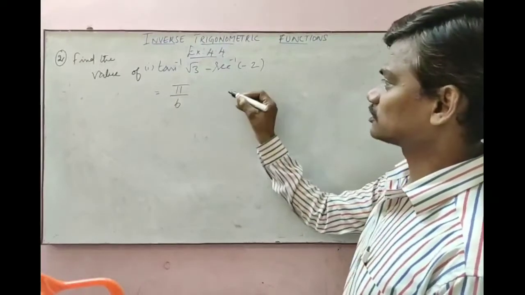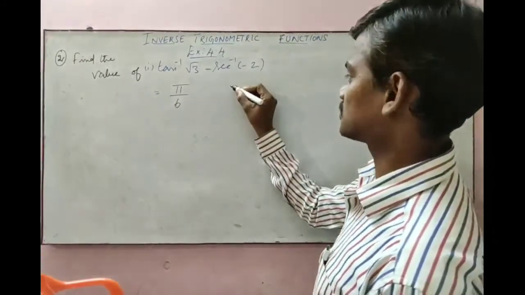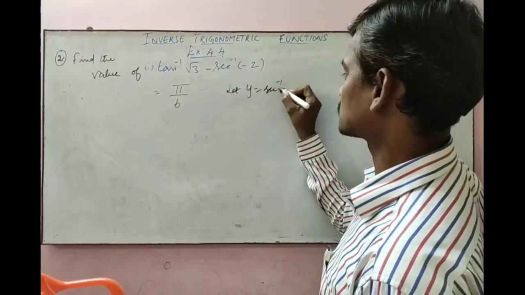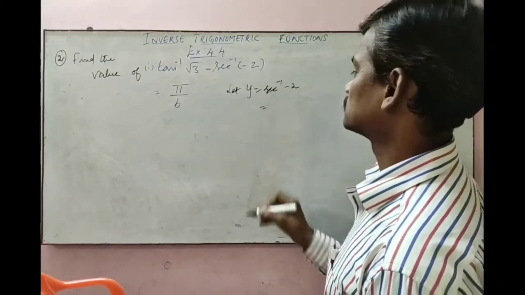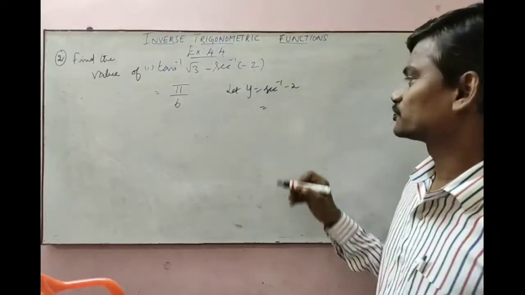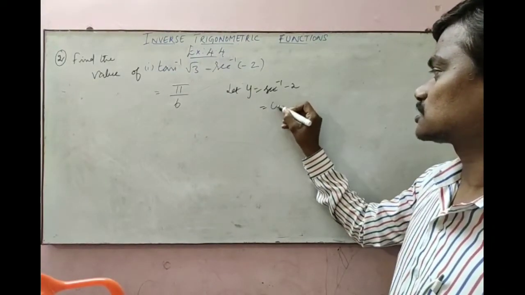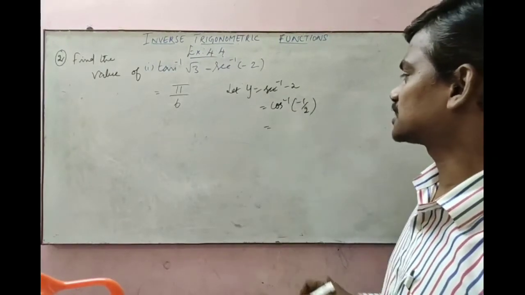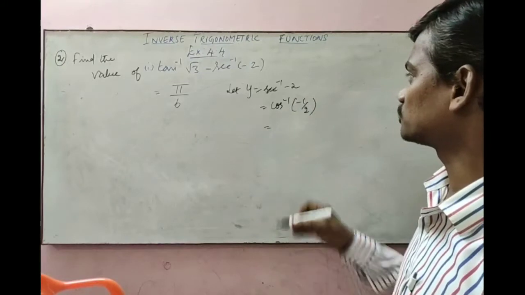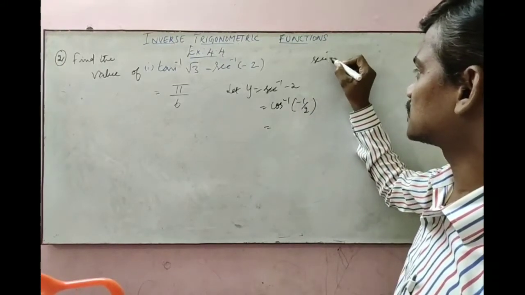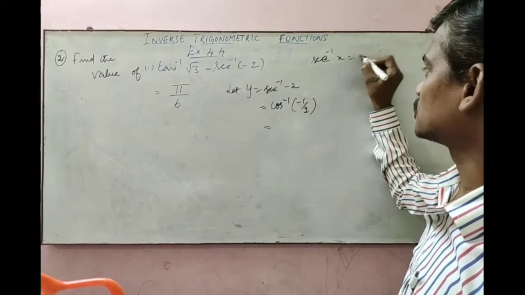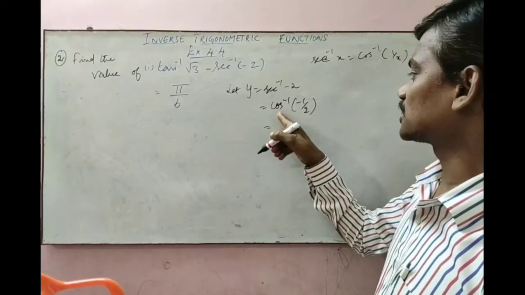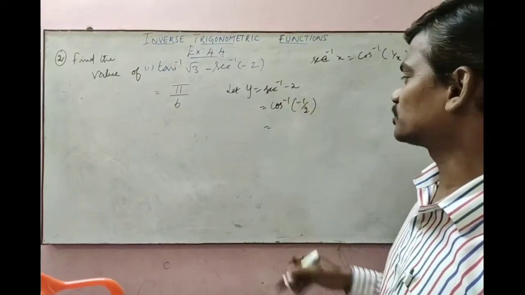So I am going to write this as, let y is equal to secant inverse of minus 2. Secant inverse of minus 2 is cos inverse of minus 1 by 2, because secant inverse of x is equal to cos inverse of 1 by x. So using that you can write this as cos inverse of minus 1 by 2.